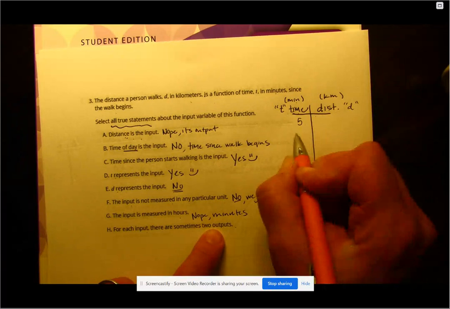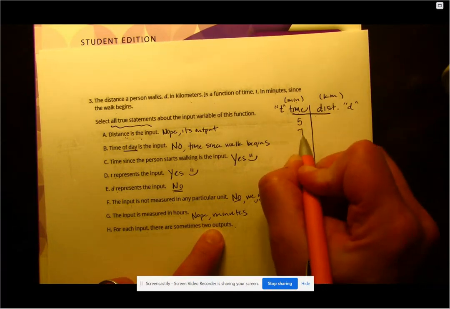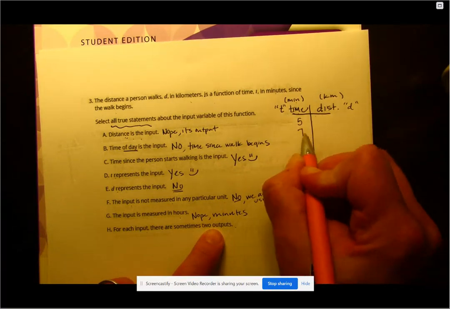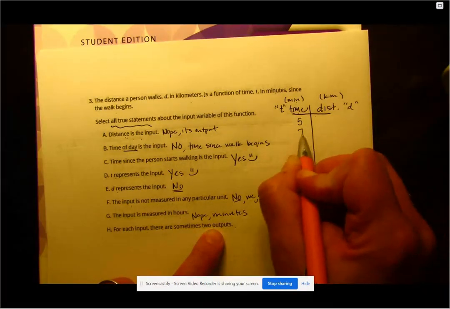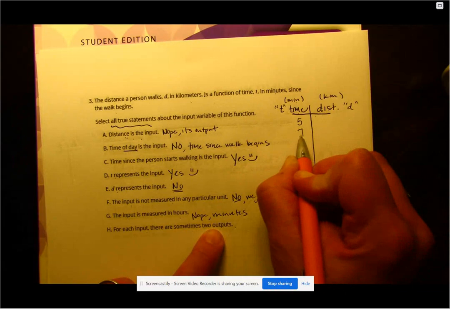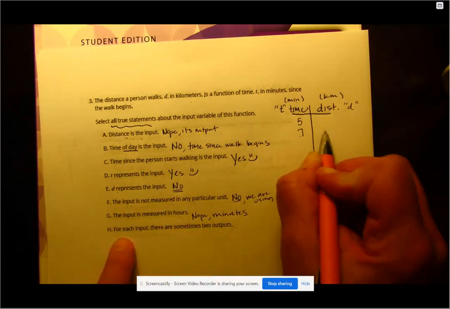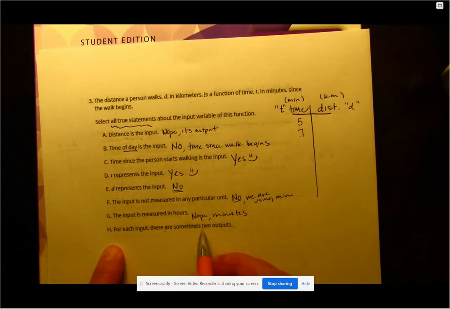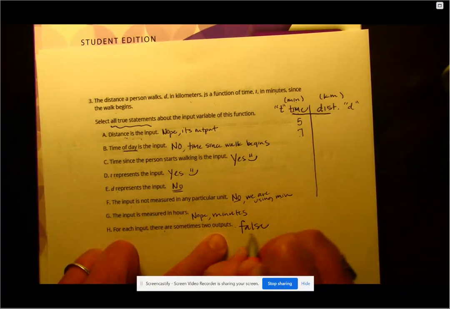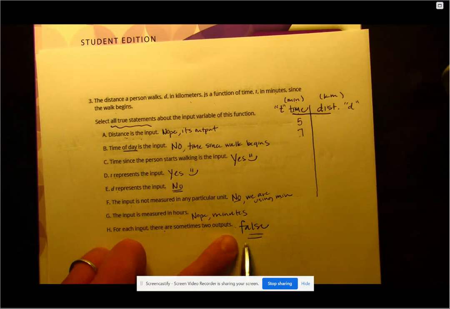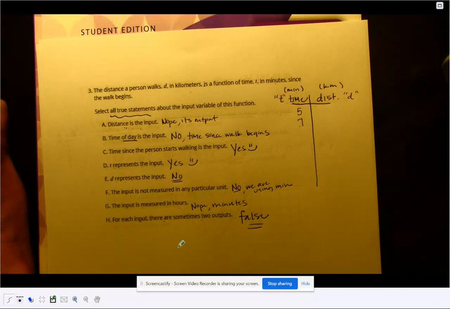Now, maybe 7 minutes in, you stopped and rested, and you could have the same output here, but the number over here, this input cannot have two separate outputs. So for each input, there are sometimes two different outputs. False. It tells us it's a function. That can't be true. All right. Hope that helps, and I hope that's a good reminder from your middle school mathematics career.